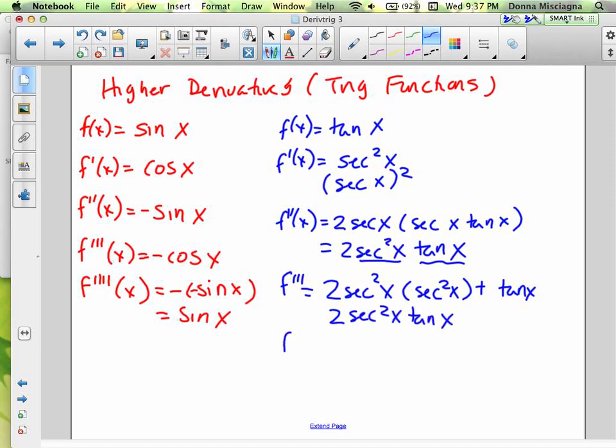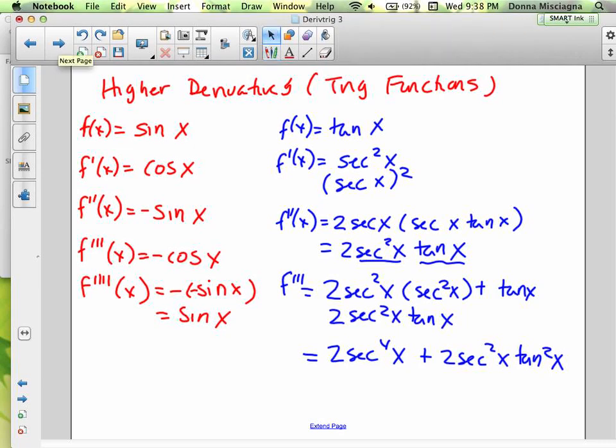And now, if I clean this up, we'd end up with 2 secant to the fourth x plus 2 secant squared x tangent squared x. So you can see that's just getting more and more complicated, and we're not going any farther than that.